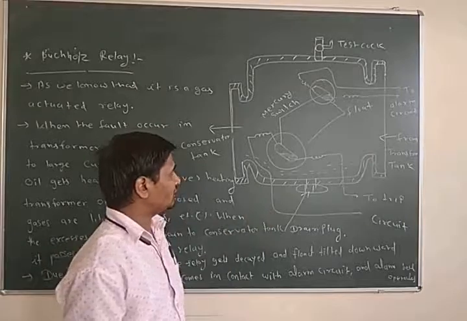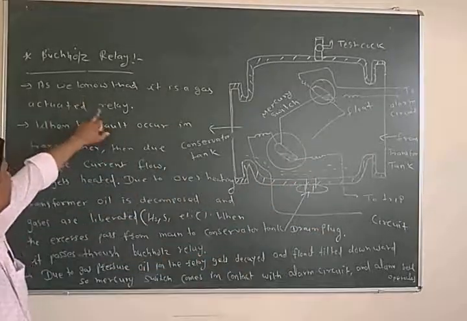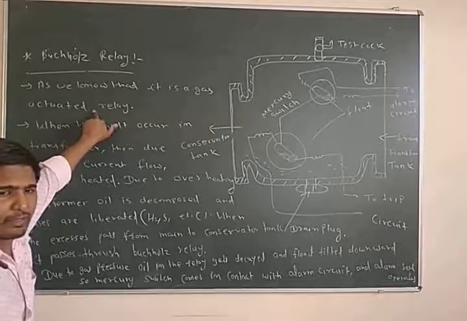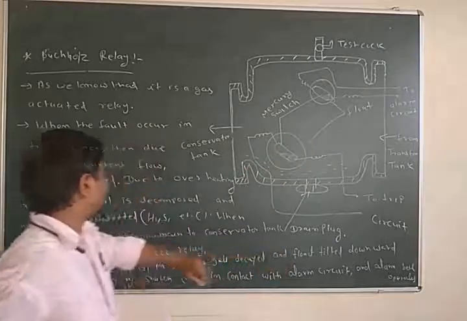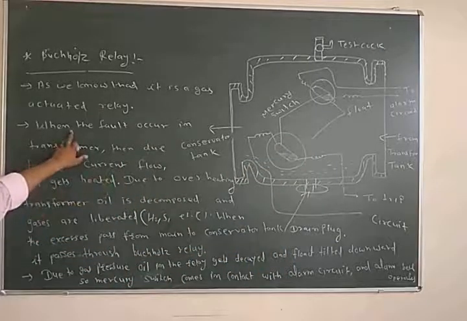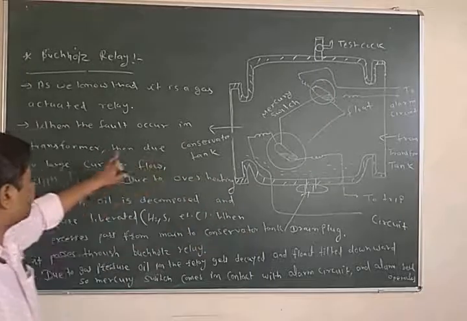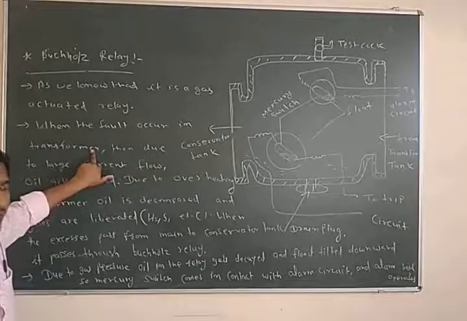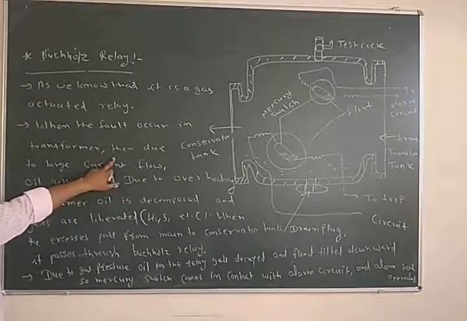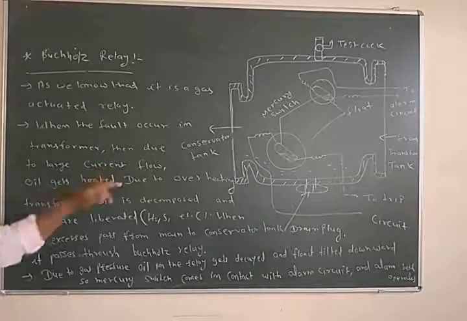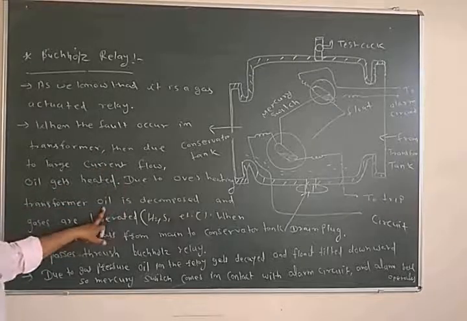So first of all, this relay is a gas actuated relay, meaning its operating quantity is gas pressure. When a fault occurs in the transformer, large current flows in the winding of the transformer, which may overheat the winding or core. This heat of the core and winding may also overheat the transformer oil.